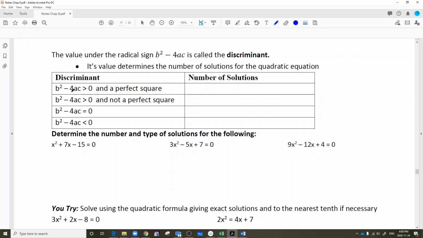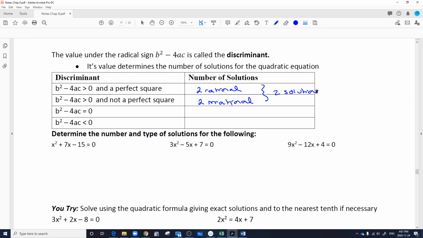If b squared minus 4ac is greater than 0, which is both these cases, then you get 2 solutions. Now, just to be extra special, if it's a perfect square, you get 2 rational solutions, and if it's not a perfect square, you get 2 irrational solutions. But all I really care about is the fact that you get 2 solutions.